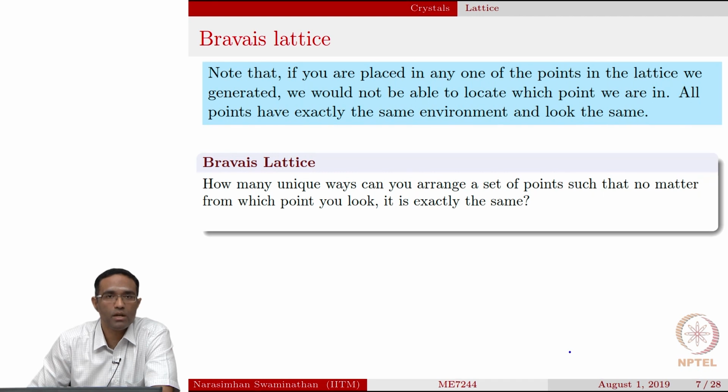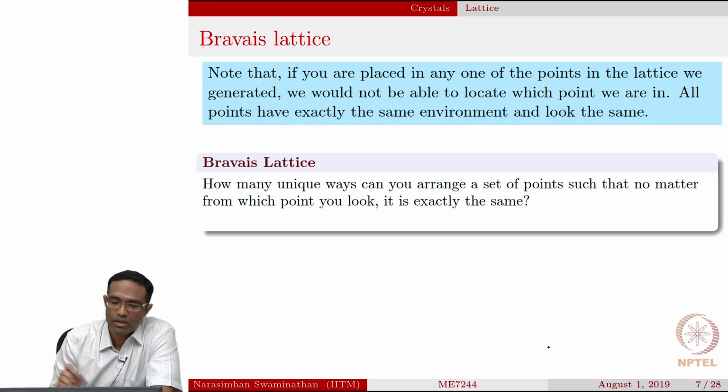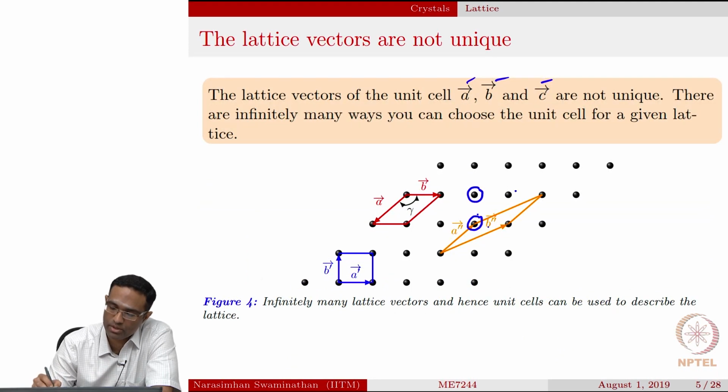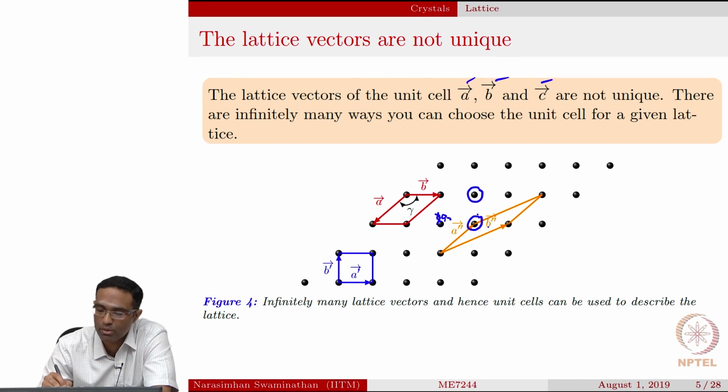Then we come into the subject of Bravais lattice. Just like what I mentioned a couple of minutes back, if some being is sitting on this point, it will not know whether it is sitting on this point or this point, because since the lattice is extending to infinity, it will not be able to make out the difference between this lattice point and this lattice point, because the environment around this point is essentially the same whether it is sitting here or sitting here.